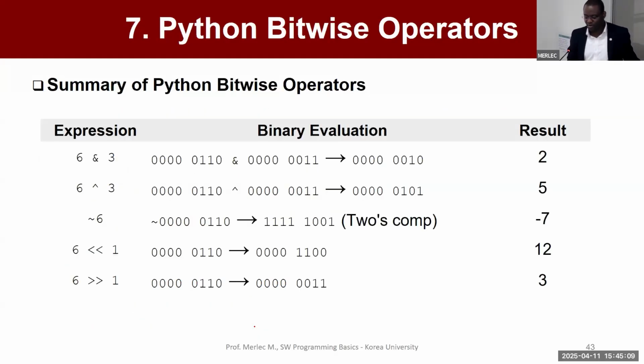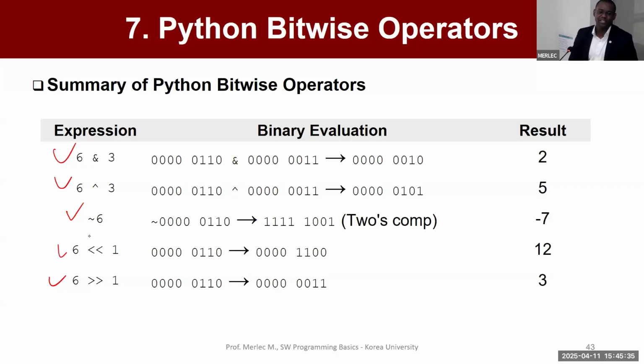In summary, we have covered the AND operator on the binary operations, and then the OR, then the NOT, and then the left shift bitwise operator, and then the right shift. So they are simple. If you just understand the rule I mentioned, they will be simple for you to understand.